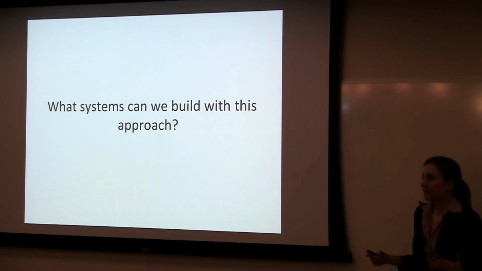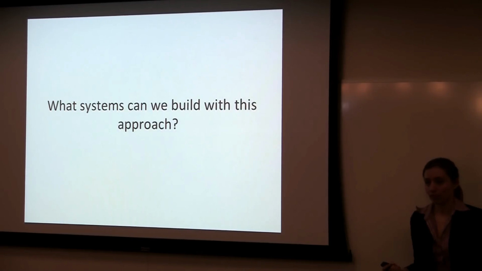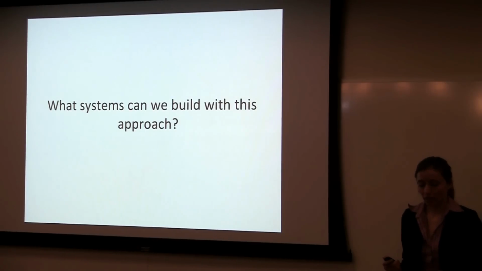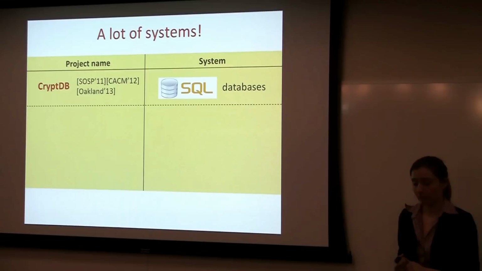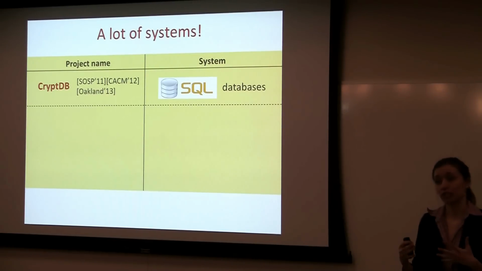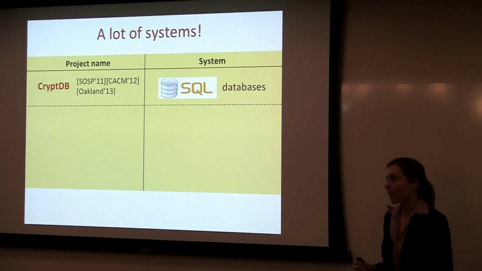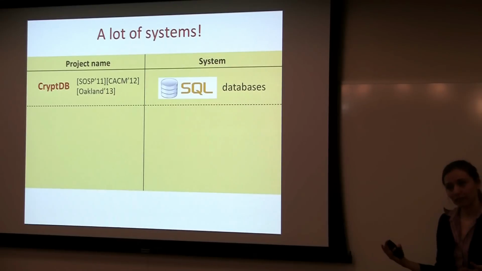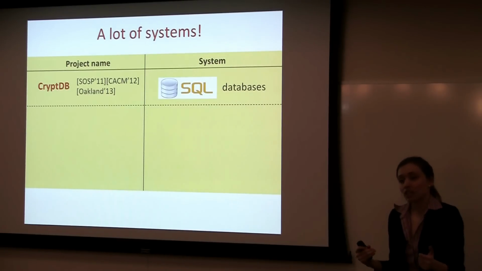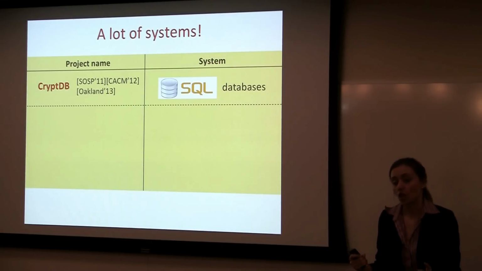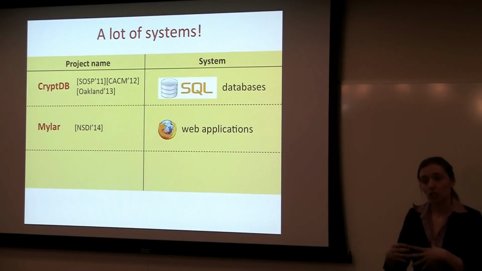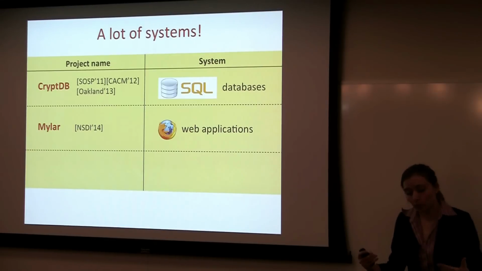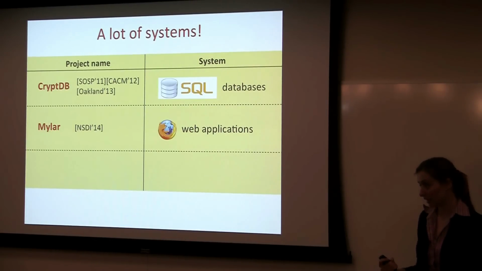OK, so what kind of practical systems can we build with this approach? It's actually quite a few common systems. So we were able to build CryptDB, which supports databases on encrypted data. So the database is encrypted, and the database server can process SQL queries on the encrypted database. We can run Mylar, which is able to run web applications on top of encrypted data.